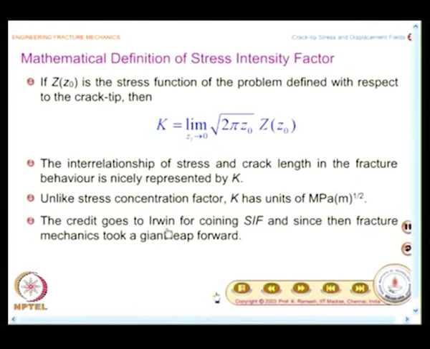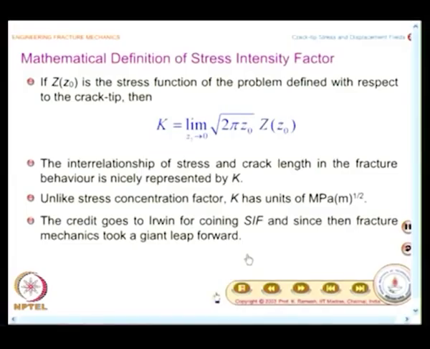And again we will look at the advantage of the contribution by Irwin. By coining SIF, fracture mechanics took a giant leap forward. So, what people felt was that energy release rate as a concept was quite good, but it was very clumsy to evaluate and handle.